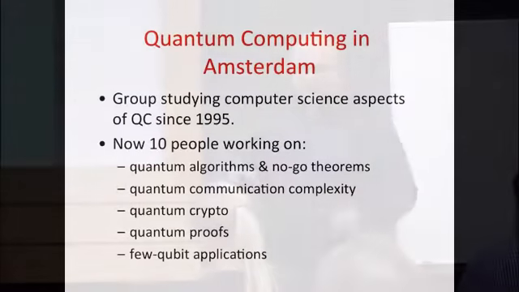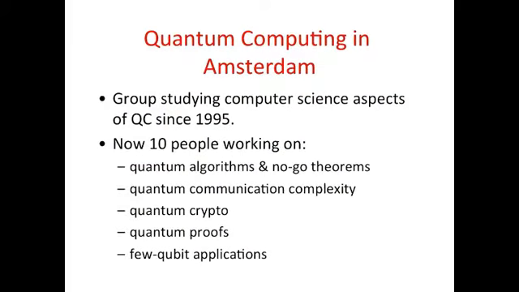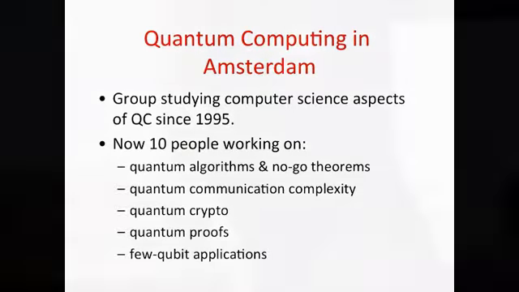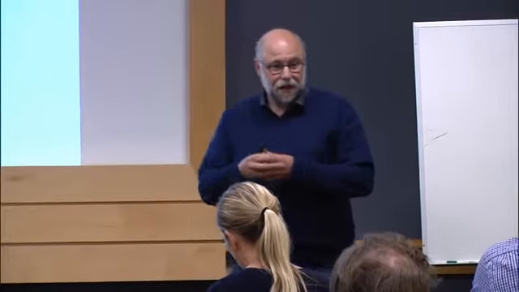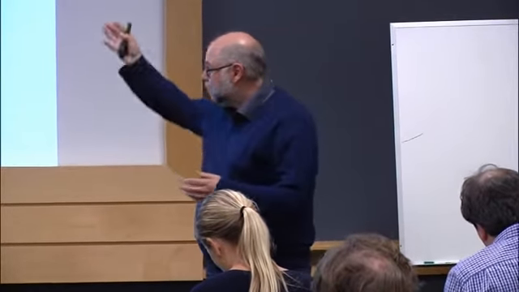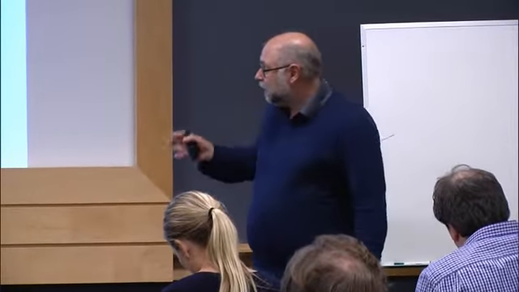Before that, I have to say that I'm from Amsterdam, where we already started doing quantum computing 20 years ago, in '95. And by now we have about 10 people working on computer science aspects of quantum computing. And we work on the area of algorithms and also no-go theorems. Communication complexity was one of the themes that was developed partially in Amsterdam.